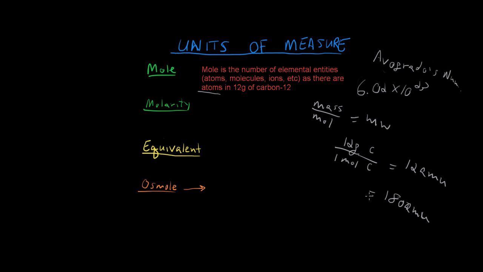And then 1 mole of glucose has 180 grams. So it's a very simple concept. There's two ways of thinking about it: this is the number of atoms there are, or it's weight. And so it's very simple.